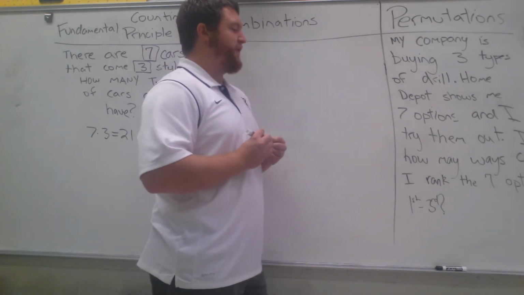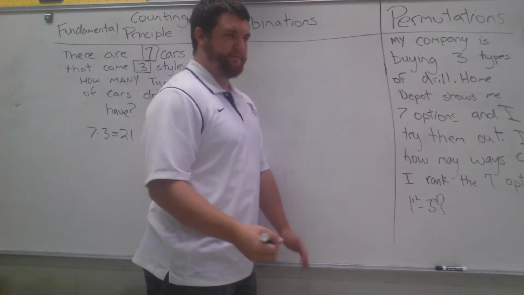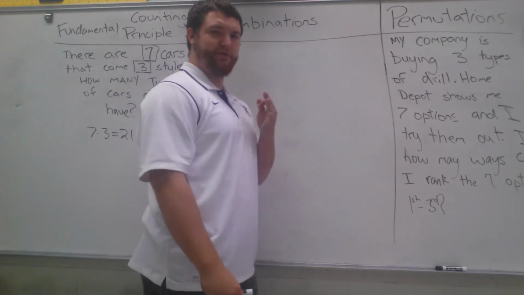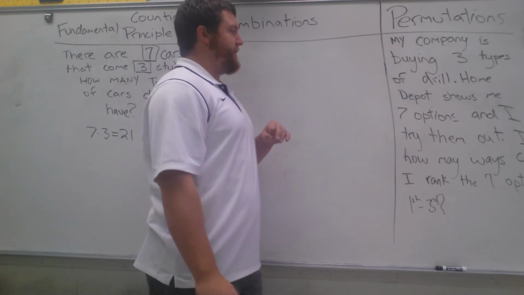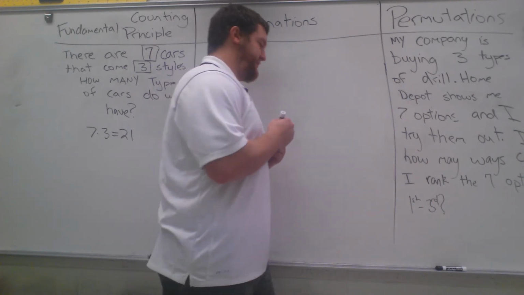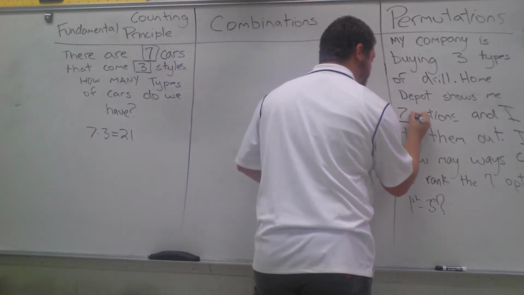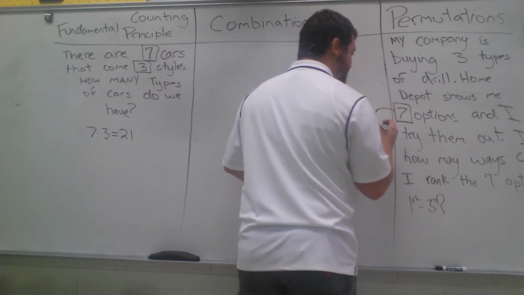So, if I'm ranking first to third, how many drills am I choosing? Great, 3. So I'm picking 3 drills, okay? And it's out of how many options? 7. So 7 is my what?